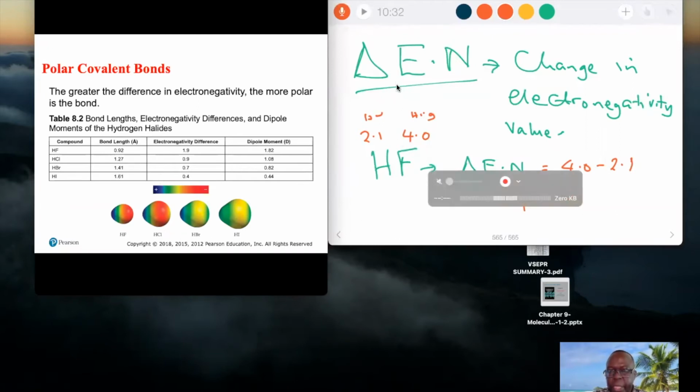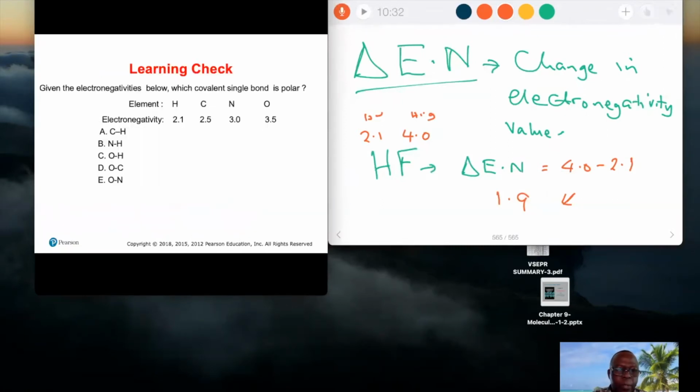This change in electronegativity value can be used to determine whether the bond is polar or non-polar. Here is an example of how you can use the electronegativity values to tell which bond is polar, or the most polar.